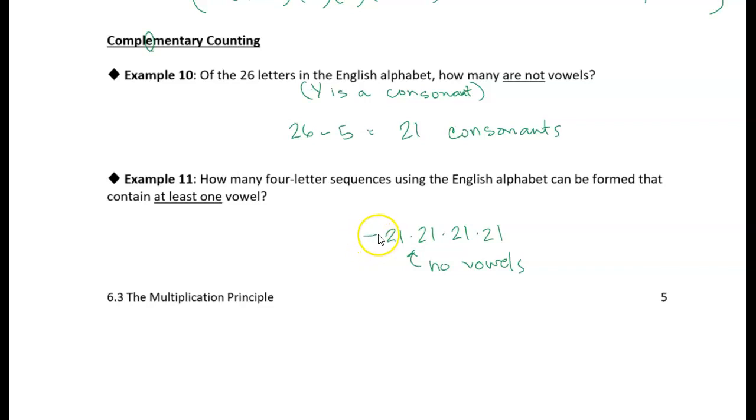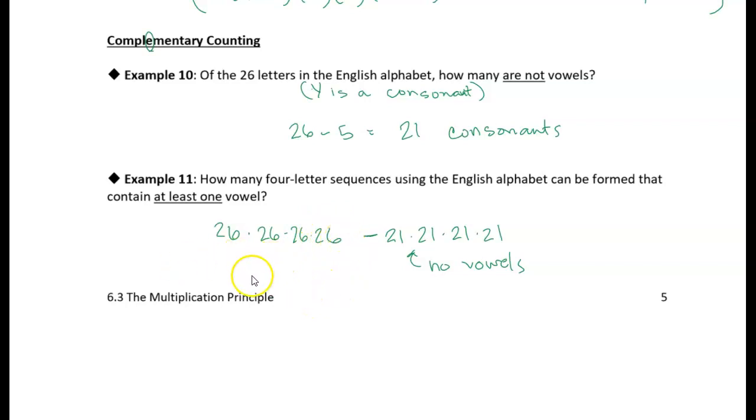Now what we can do is subtract it from the total number of ways to create a 4-letter sequence with no restrictions. We have 26 letters in the English alphabet, so if we wanted to know how many ways there are to create a 4-letter sequence with no restrictions, we'd have 26 choices for the first letter, 26 for the second, 26 for the third, and 26 for the fourth.